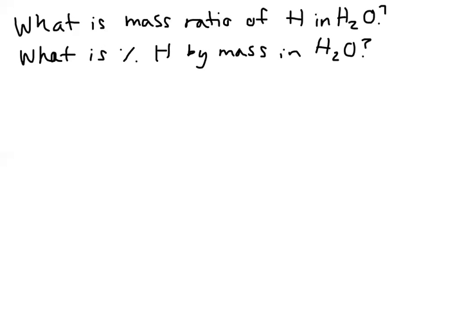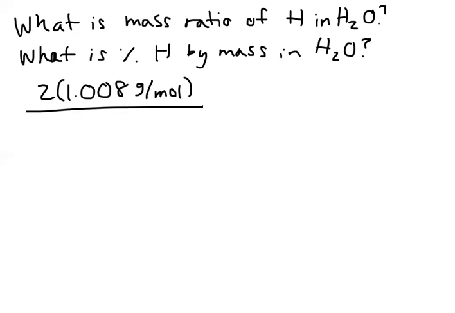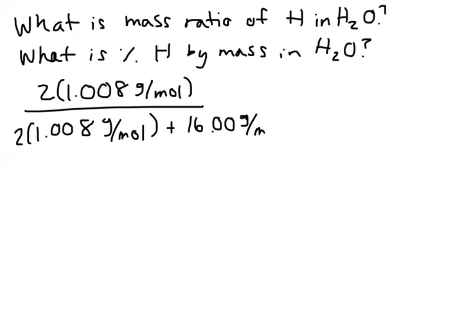Okay, so what do we have for our mass ratio? What goes on top? 1.008 grams per mole. And on the bottom, 2 times 1.008 grams per mole plus 16.00 grams per mole, because that is oxygen.